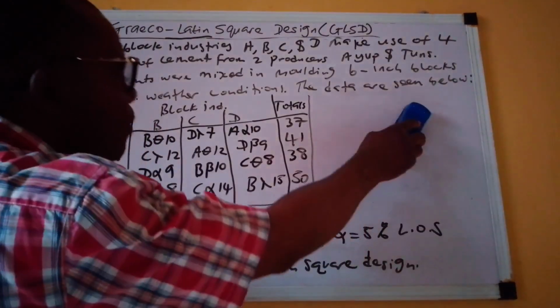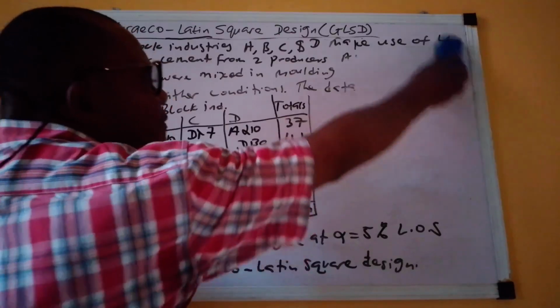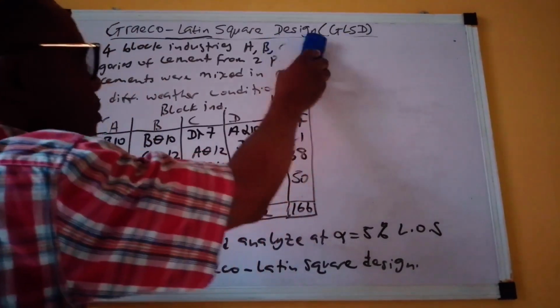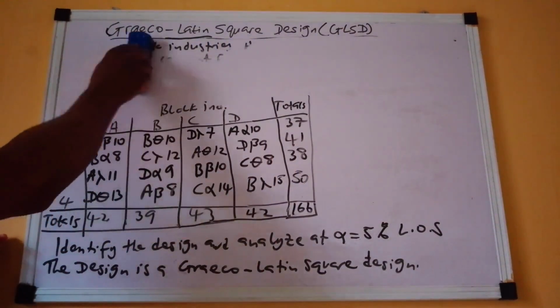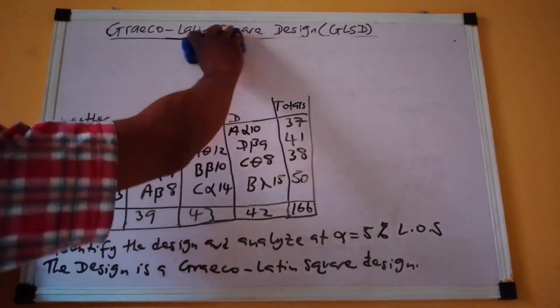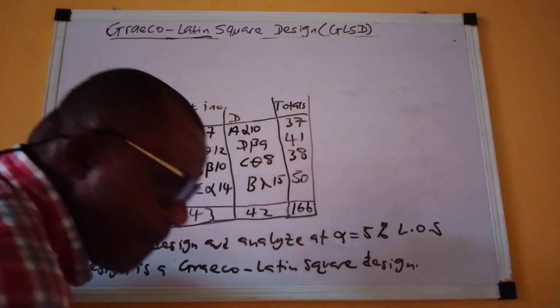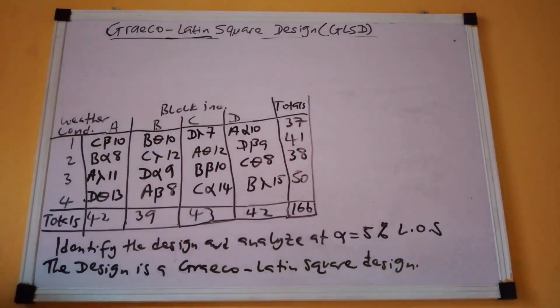Now, permit me to clear this part of the question because we are going to go into some computation. Now, the first step is to set the null and alternative hypothesis.